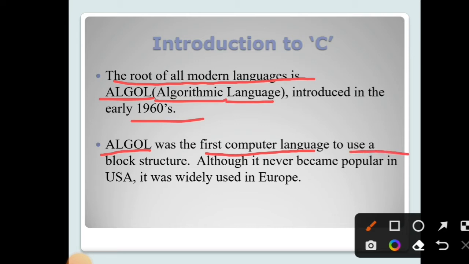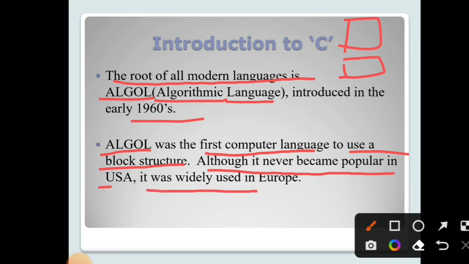It uses block structure. In this algorithmic language, everything will be in blocks, so it is a block structured language. Although it never became popular in the USA, it was widely used in European countries.